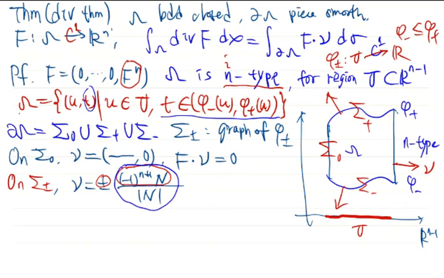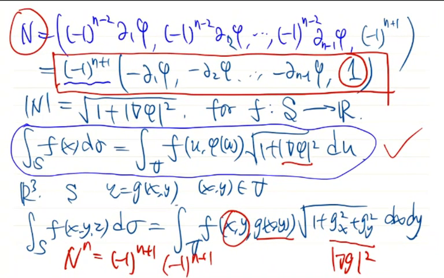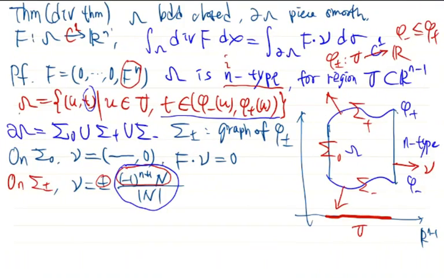We have three parts. On sigma 0, the normal vector is horizontal. This is easy. And for sigma positive and sigma negative, we need to go to our previous result here. We explained it just now, so that we can study this a little more carefully. You will see that our nu is really given by this, and this can be written as plus or minus 1 over the norm of n, times something that is the gradient of phi plus, negative, and the last component is 1.